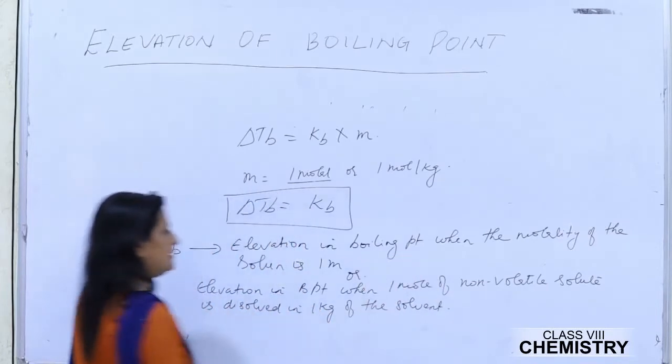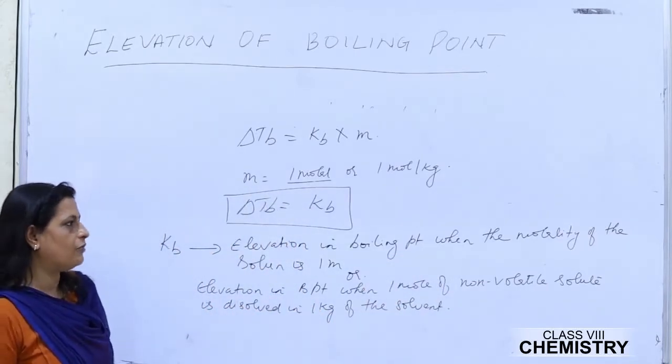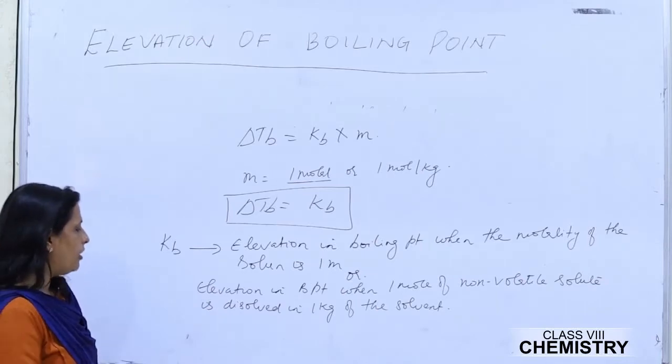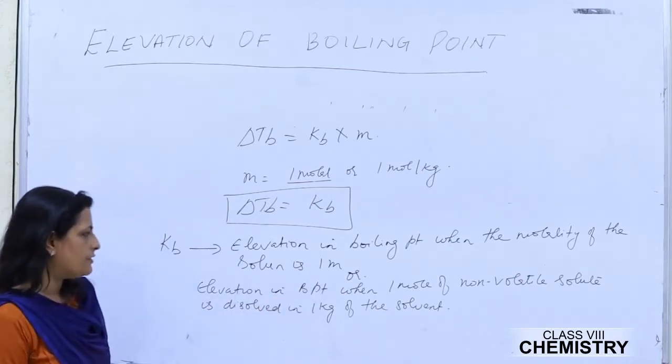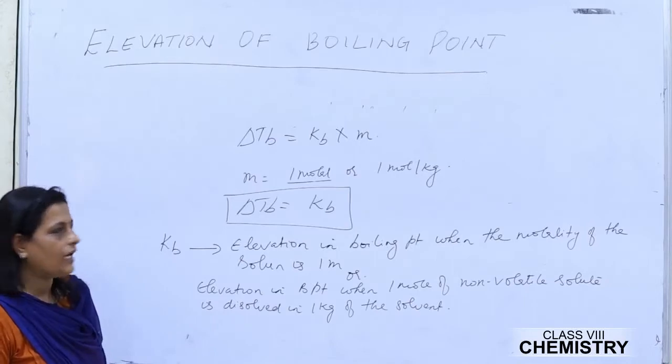So, is it clear? It's the elevation in boiling point when the molality is 1 molal, or when 1 mole of non-volatile solute is dissolved in 1 kg of the solvent.